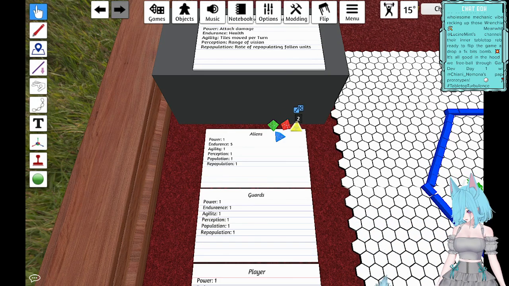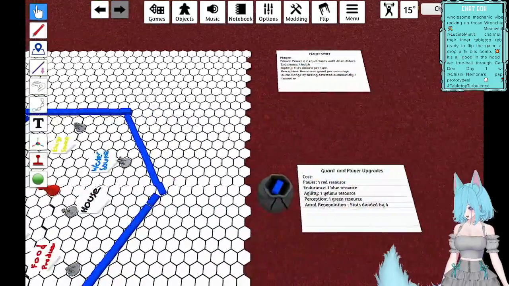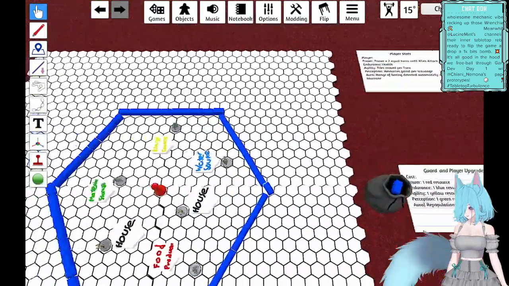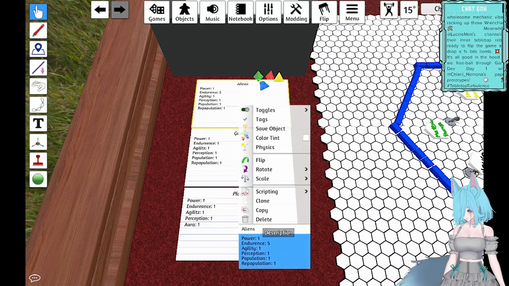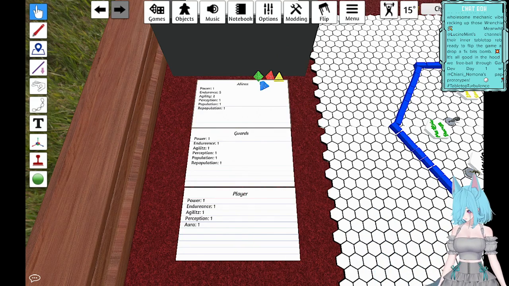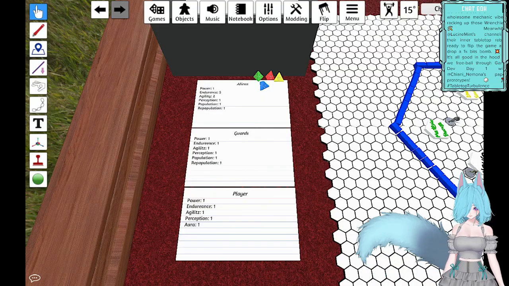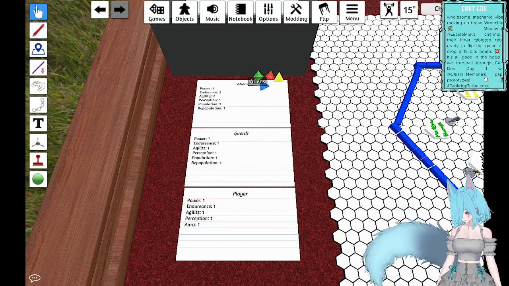Then 2, which means yellow to 2 agility. Oh no, wait.